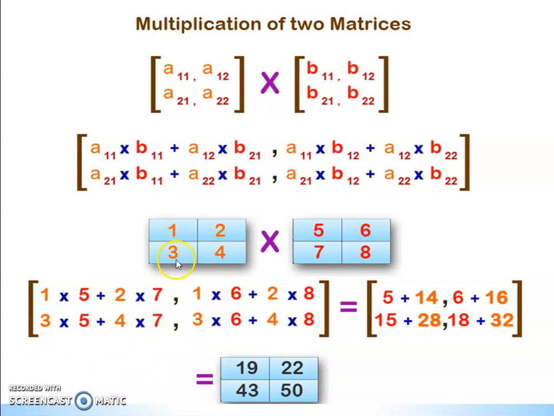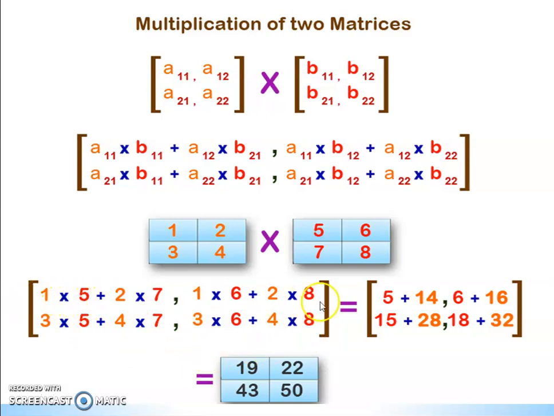Now we focus on the second row multiplied with the first column: 3 into 5 plus 4 into 7. Second row, second column: 3 into 6 plus 4 into 8. So we define 1 into 5 plus 2 into 7, 1 into 6 plus 2 into 8, 3 into 5 plus 4 into 7, 3 into 6 plus 4 into 8.